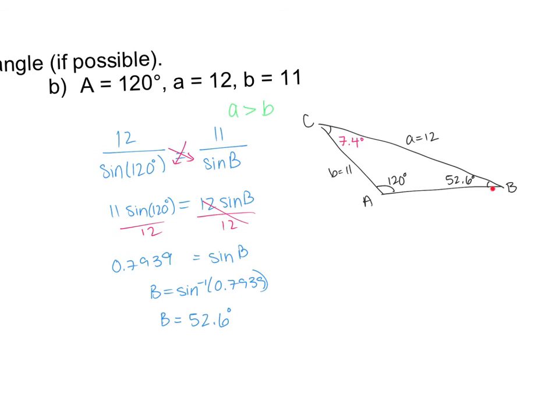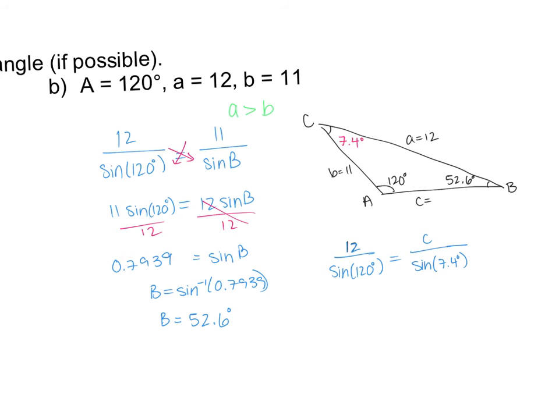Then all I need to do is find this length C. I'm going to create another proportion. I'll take 12 over sine of 120, which is just the proportion for A, and compare it to the proportion for C, which is C over sine of 7.4 degrees.